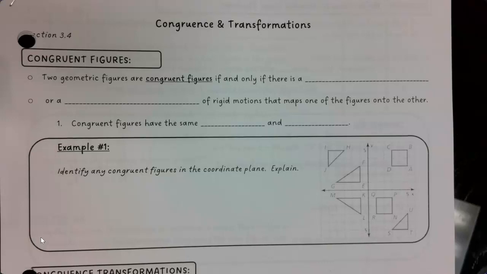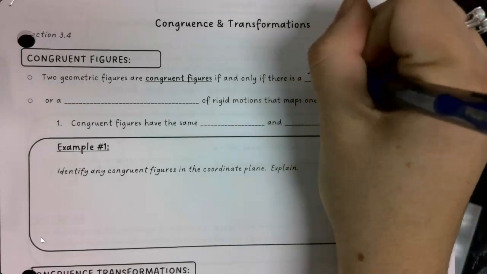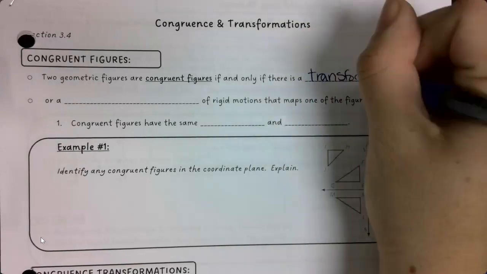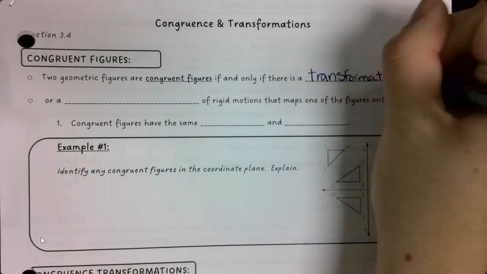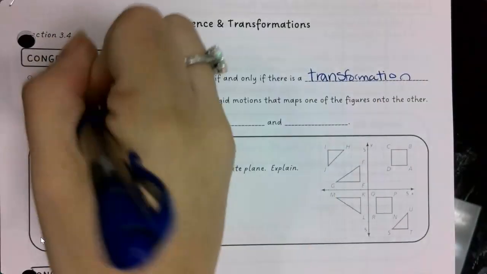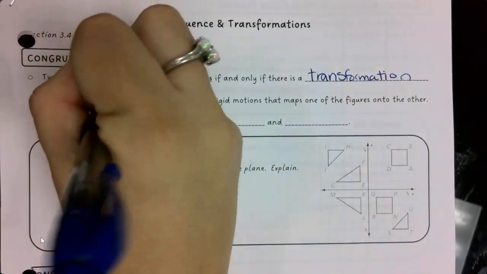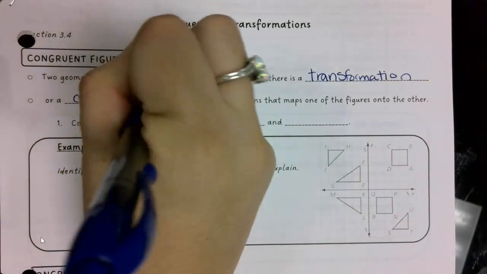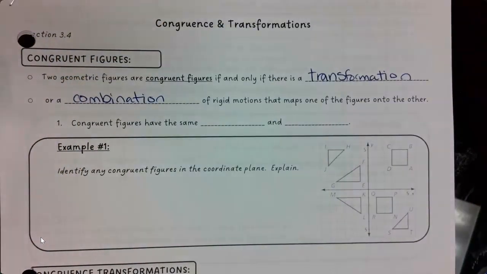Today we're going to talk about congruence and transformations. Two geometric figures are congruent if and only if there is a transformation or a combination of rigid motions that maps one of the figures onto the other.